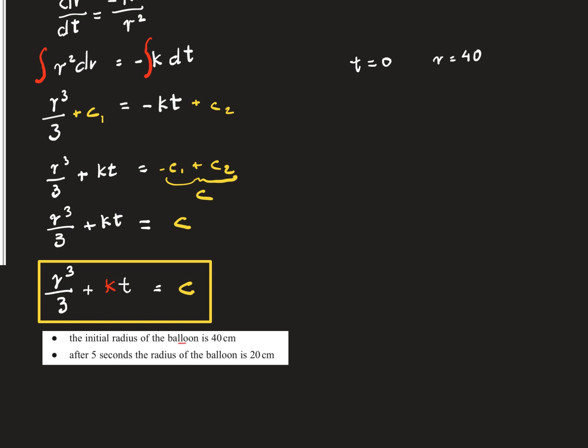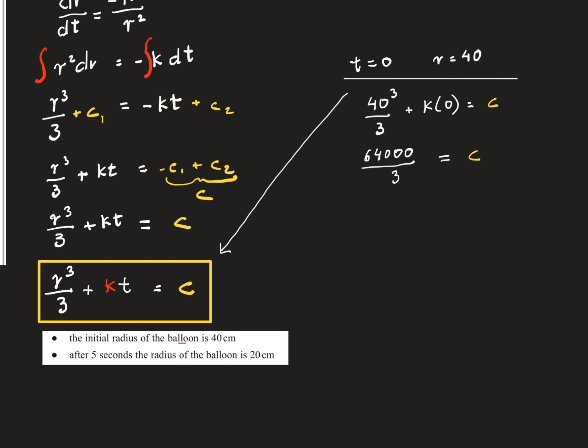If we insert this into this equation, we'll have 40 cubed over 3 plus k times 0, which is equal to c. And this will be 64,000 divided by 3, which is equal to c. As I don't want any decimals yet, I'll leave it like this.